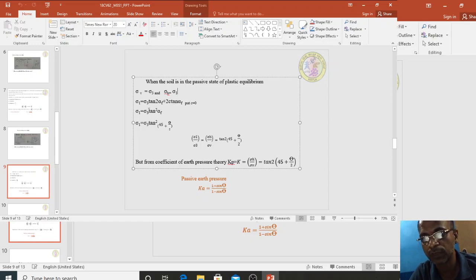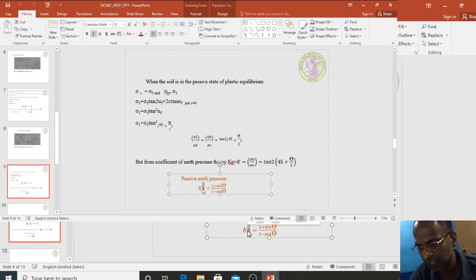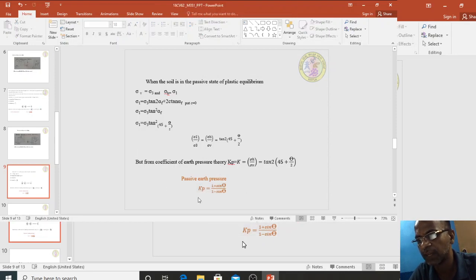If I substitute sigma 1 as sigma h, then sigma h by sigma v is equal to tan square 45 plus phi by 2. Representing it with the half angle, Kp is equal to 1 plus sin phi divided by 1 minus sin phi. This Kp is called the passive earth pressure coefficient.